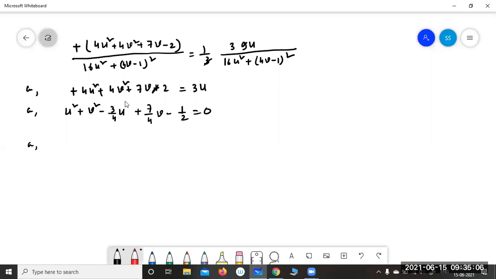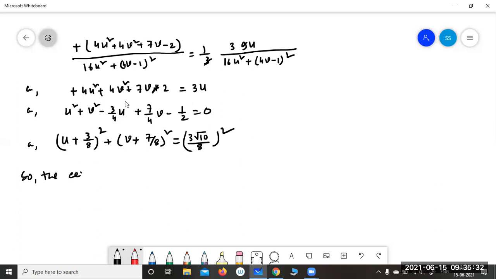So from here we can write u plus 3 by 8 whole square plus v plus 7 by 8 whole square is equal to 3 root 10 by 8 whole square, which is the required circle.